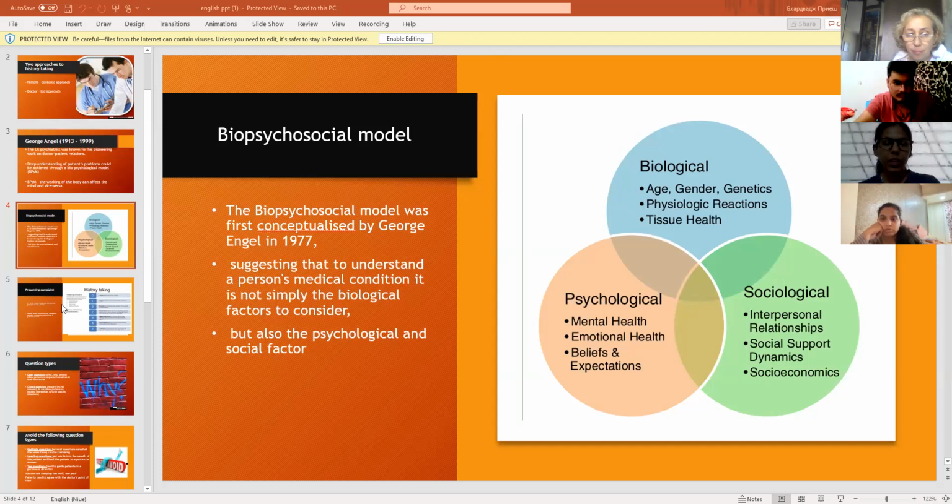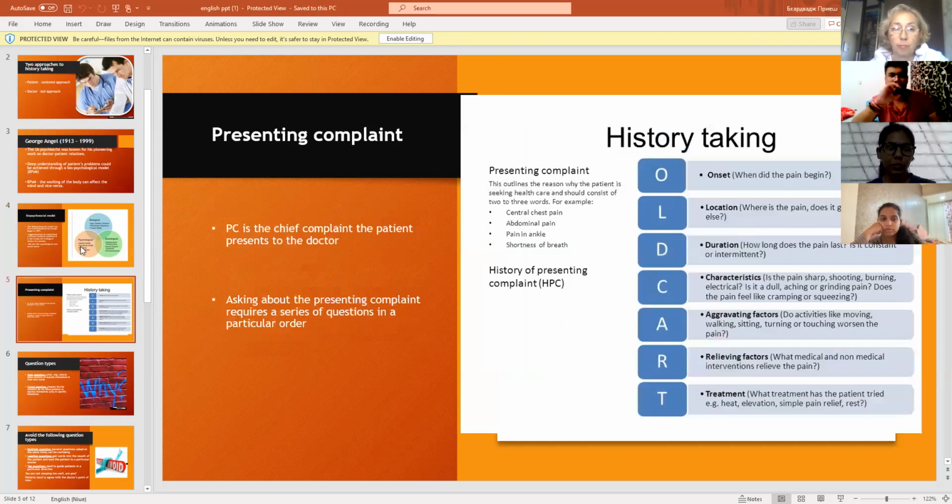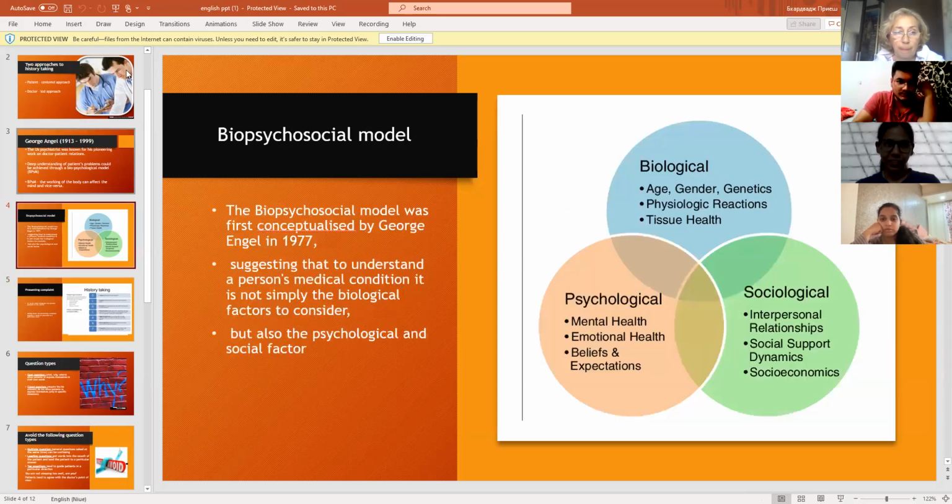And basically, these models include biological, psychological, and sociological models. Go to the 4th slide. Yeah, it is now. So basically, according to these models, biological aspects include the age of the patient, their gender, their genetic makeup, whether there is any genetic defect or genetic diseases, and any psychological reactions due to the genetic issues or tissue health of their body.